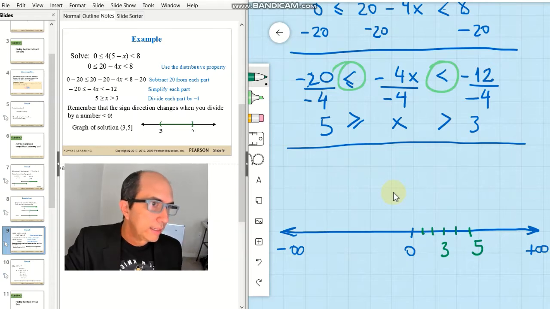So x is going to be greater than 3, but 3 is not included because we don't have an equal sign here, right? Draw a parenthesis. And less or equal than 5. Here you're going to draw this bracket because 5 is included. There's this equal sign here, see? 5 is included. Everything between 3 and 5 is also included on the sets.